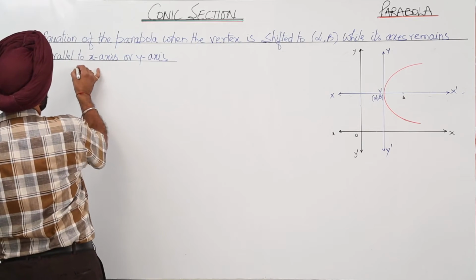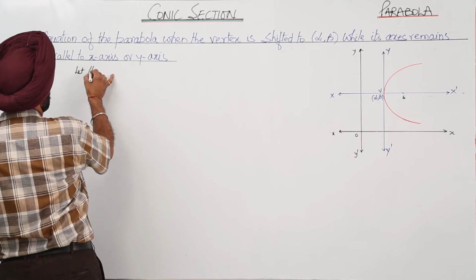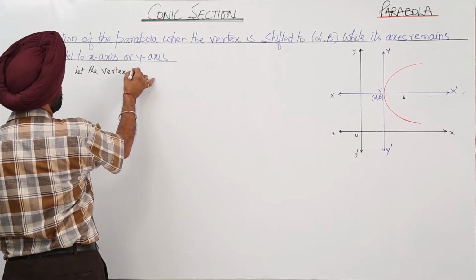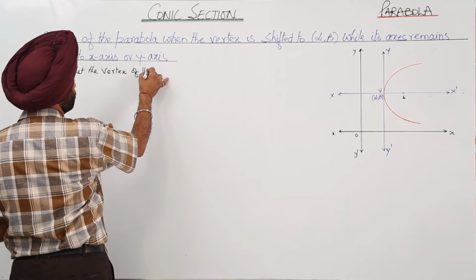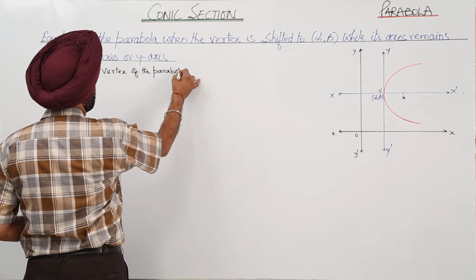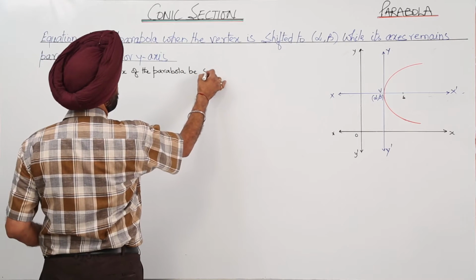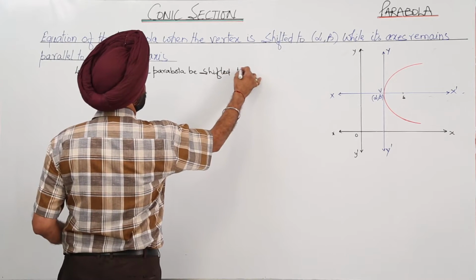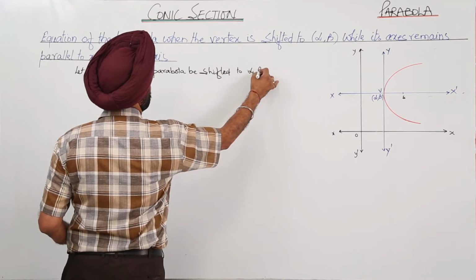Now let the vertex of the parabola be shifted to alpha comma beta.